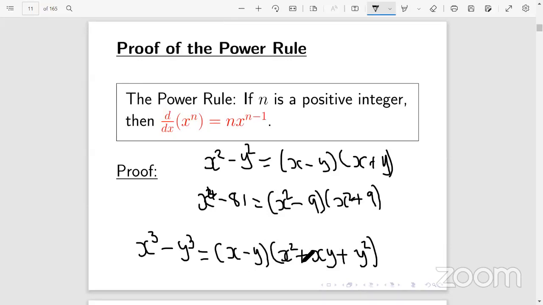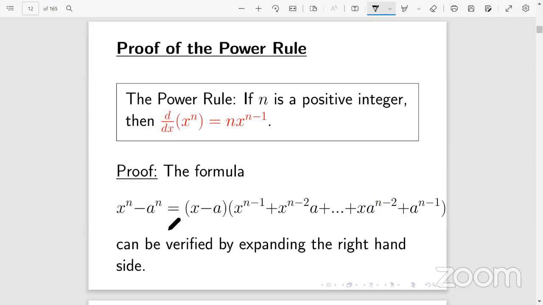But this is not a lesson on factorization. I was just trying to remind you how to factorize whenever you have a difference of variables that are cubed, squared, or have some exponent. So if you have x to the power n minus a to the power n, this is how you factorize it.